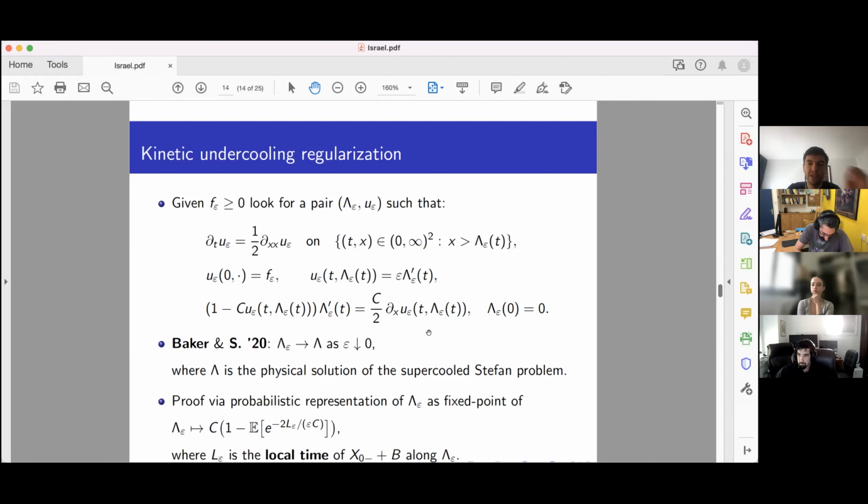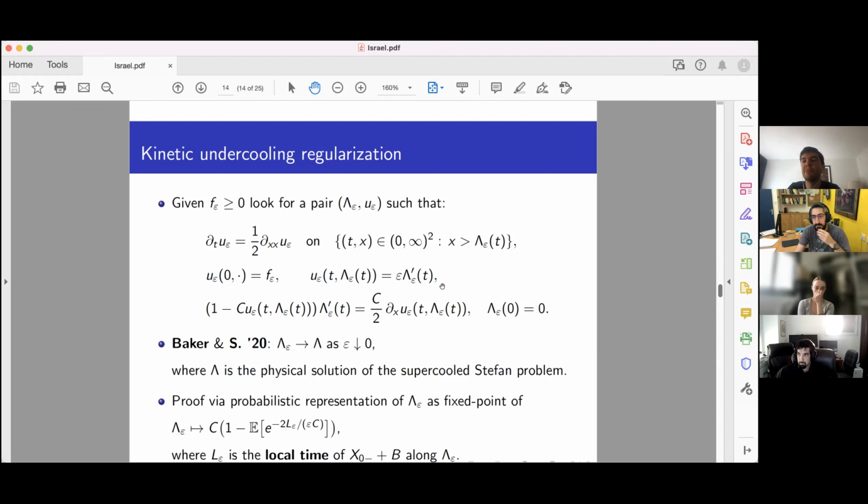And so you end up with a different boundary condition for the PDE, or a different condition for the growth of your ice. What is interesting is that you have this epsilon sitting in the equation connecting lambda prime to u.